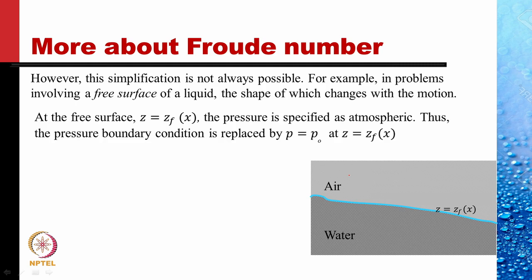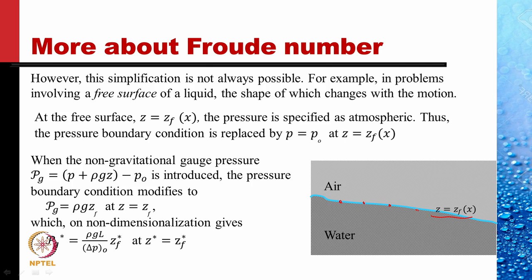At the free surface, which is given as z equal to zf, a function of x, this free surface between the liquid and the air, for example, on the surface of a sea, the pressure is atmospheric everywhere. So at different values of z as a function of x, the pressure is constant atmospheric.